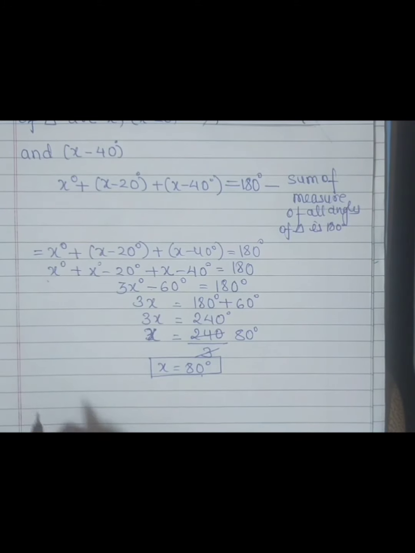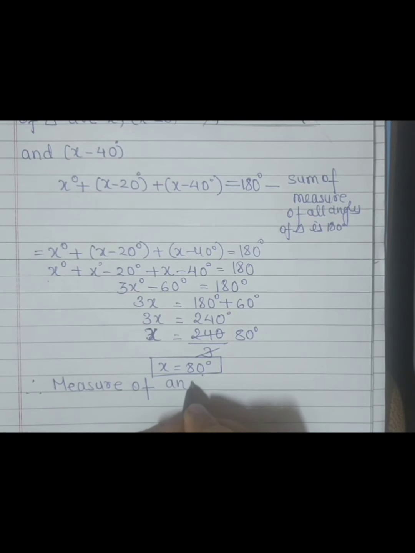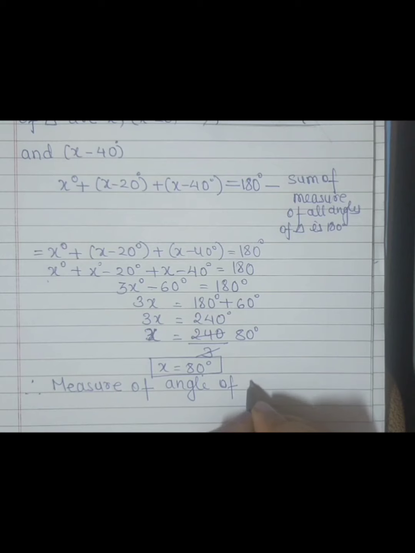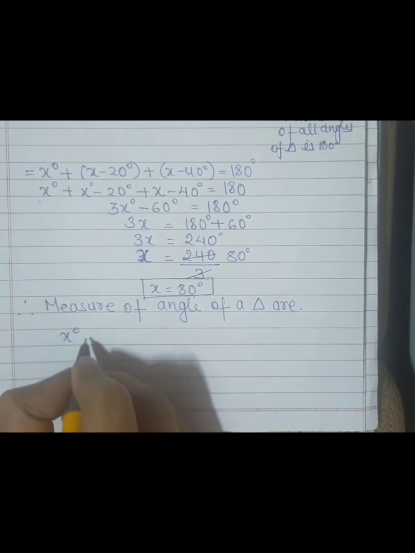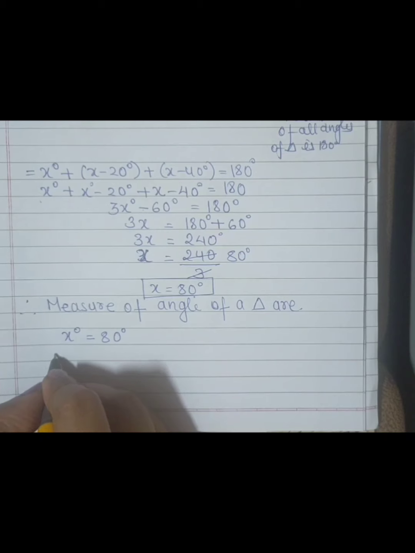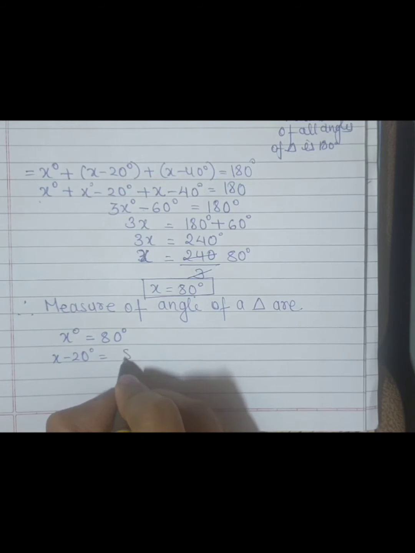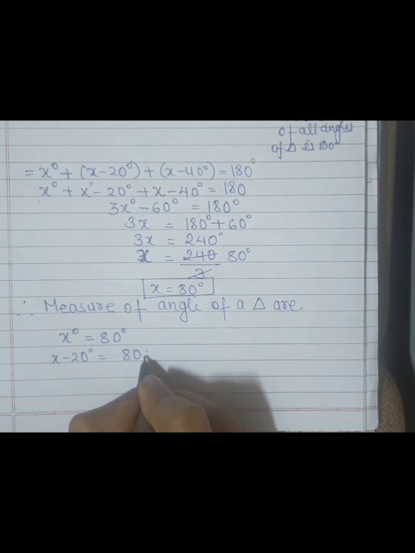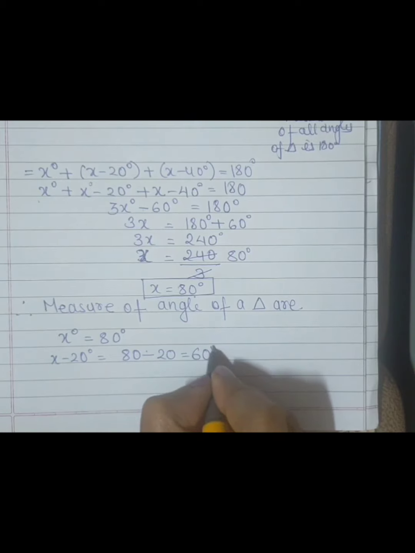So here I am writing, therefore, the measures of the angles of the triangle are, first x degree is equal to 80 degree, and second is x minus 20 degree equal to, in the place of x we will write 80 minus 20, we'll get 60 degree.